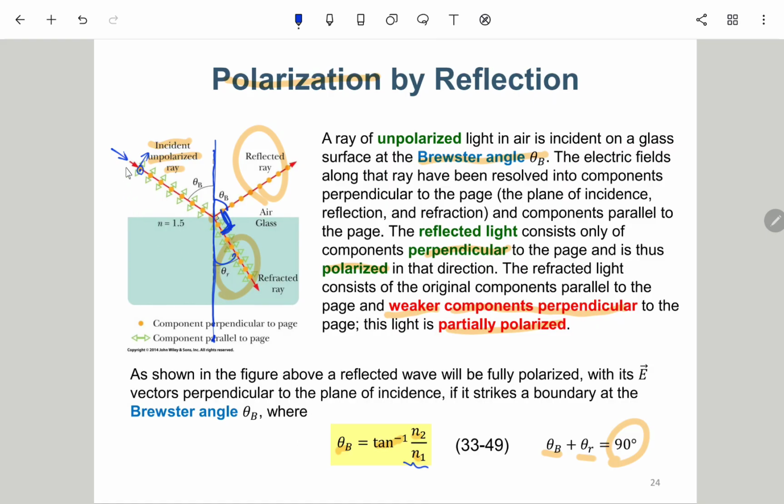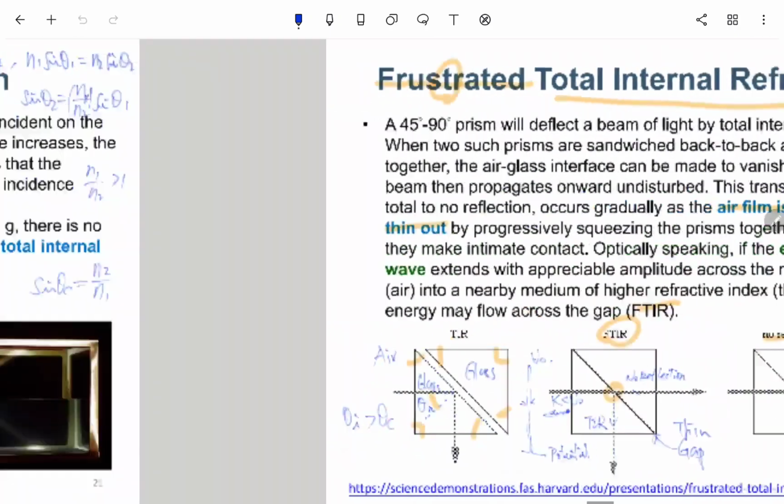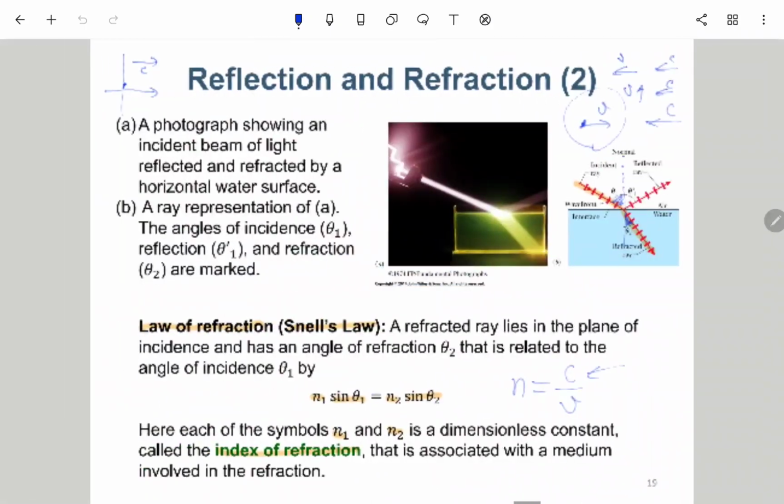We may be able to observe the incident angle, reflected angle, or refracted angle. We just need to adjust the incident angle such that this ray and this ray are perpendicular to each other. Then it will be the Brewster angle, and this part will be polarized, just like this page.